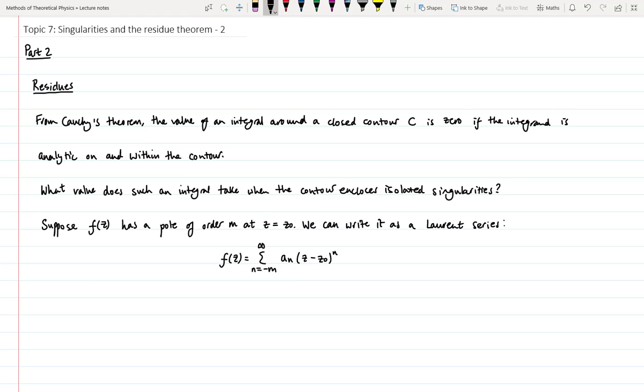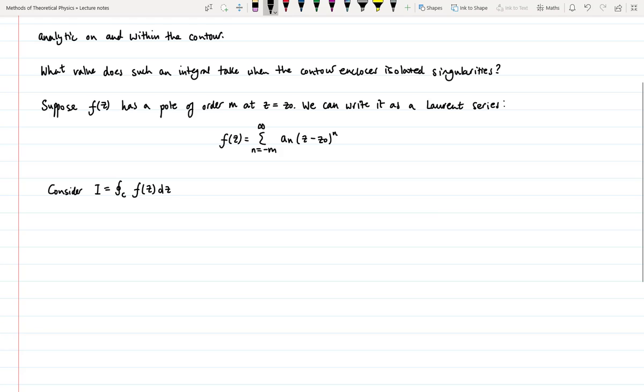Okay, so this is our function that has a pole of order m at the point z naught. Let's imagine that we want to calculate the integral, which I'm going to call I, around some closed contour C of f of z dz. And here we're going to be considering that our contour C encloses the pole at z equals z naught.